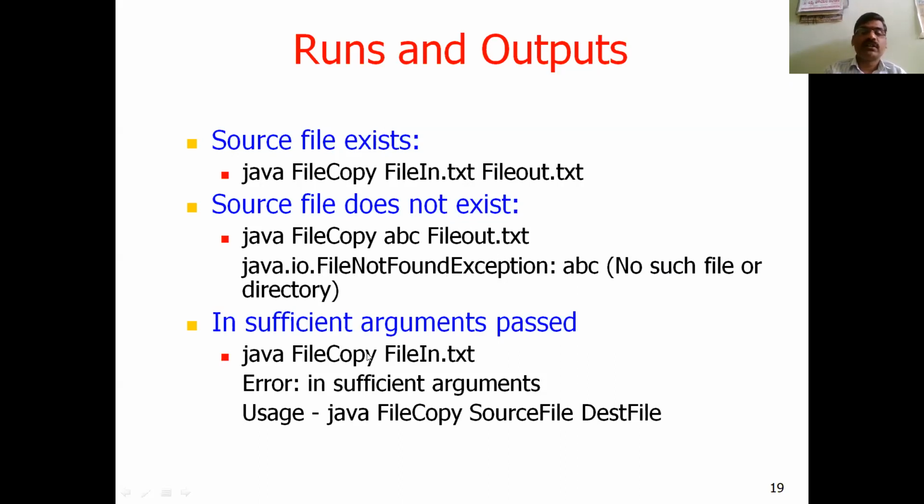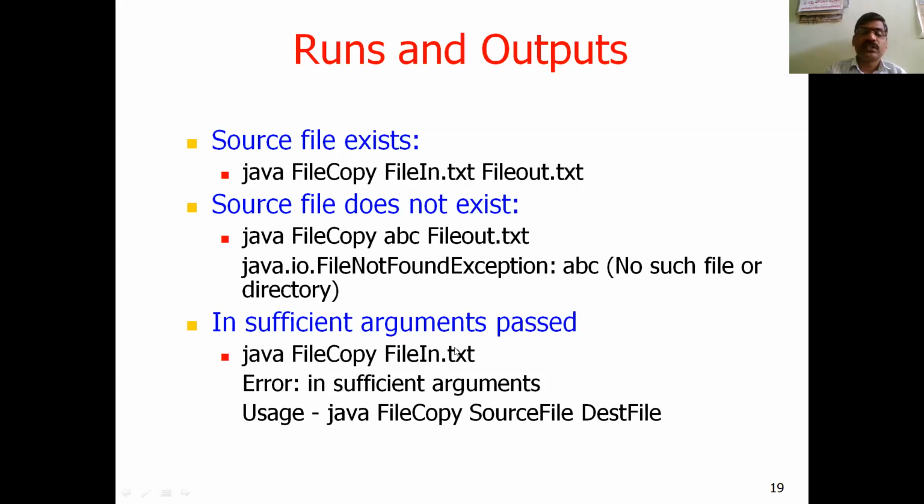Suppose you have executed the same program like this: java FileCopy file in.txt. So you have not given the destination file. That means a sufficient number of arguments, 2 arguments, should be there, args of 0 location and args of first location, that is the source file name and the destination file name we have to pass.